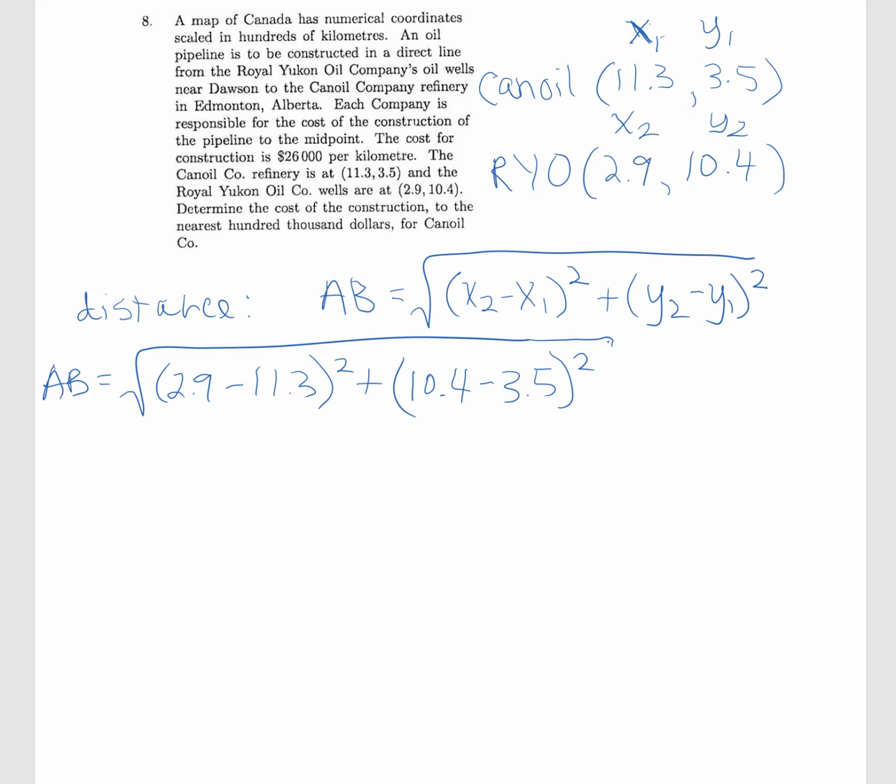So if we evaluate this out, we get AB equals the square root of (2.9 minus 11.3, which is negative 8.4) squared plus (10.4 minus 3.5, which is 6.9) squared.